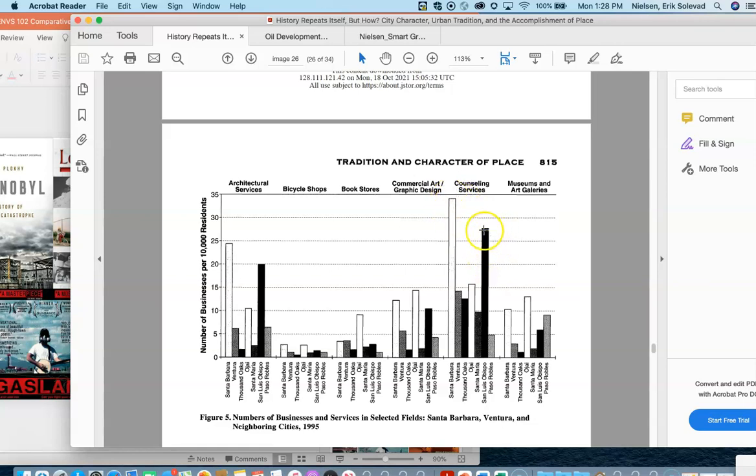Same thing with San Luis Obispo. Same thing with architectural services. Although Ventura is growing here, and I did a lot of research on their attempts at sustainable, or at least more sustainable construction.